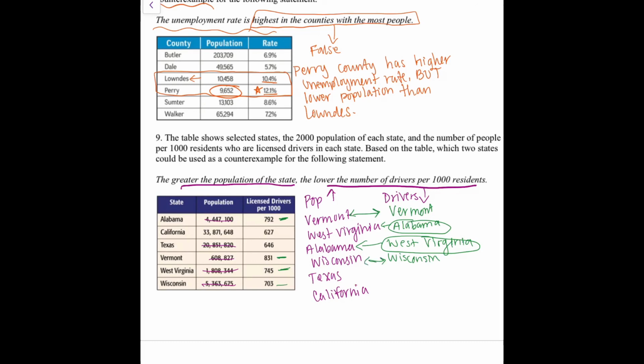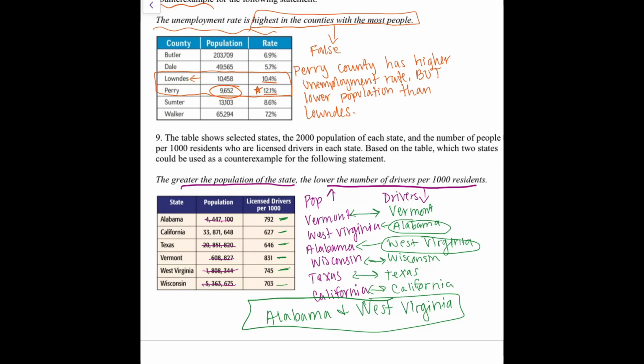So that's not going to be a counterexample, followed by Texas is the next lowest number, and that does match. And lastly is California, and that one is going to match as well. Okay, so our two counterexamples are going to be Alabama and West Virginia, because those were the only two that were misplaced, that were out of order, and are not following this pattern that is given in the problem.